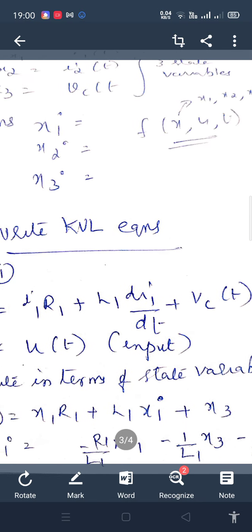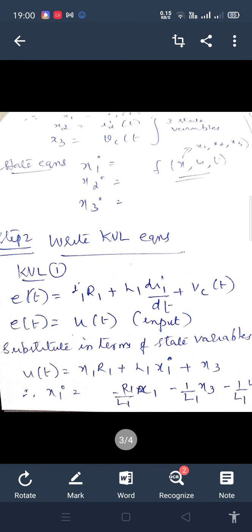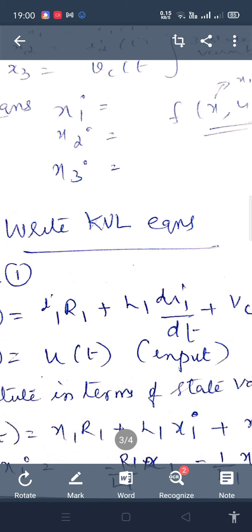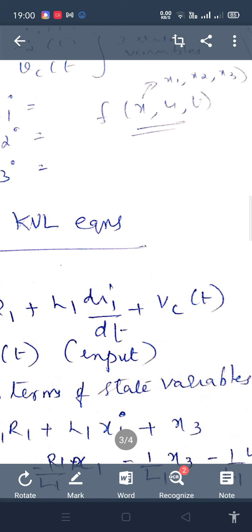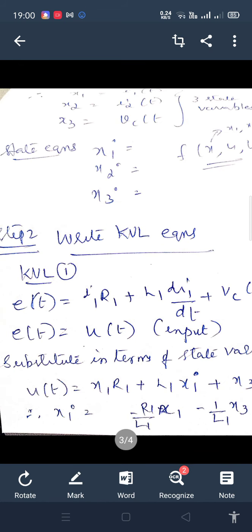Vc will be x3. So rewriting the equation: U of t equal to x1 into R1 plus L1 into x1 dot plus x3. First write the mesh equation, then replace the variables by the corresponding state variables. Then rearrange the equation so that you get x1 dot.